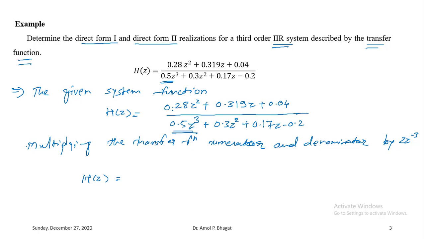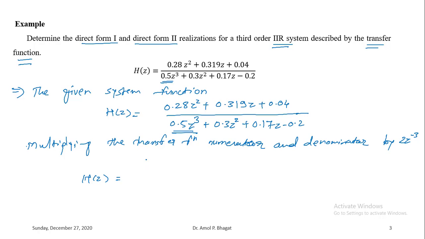Multiplying 2z to the power minus 3 in the numerator as well as in the denominator will not make any changes in the original system function, but we are simply adjusting the terms here.